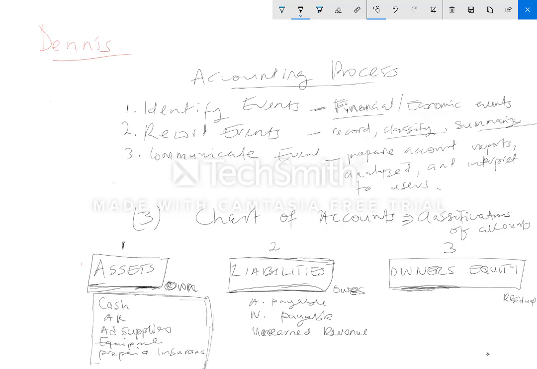And we come here: common stock, what you'll be left with, retained earnings, dividends, expenses, revenue.